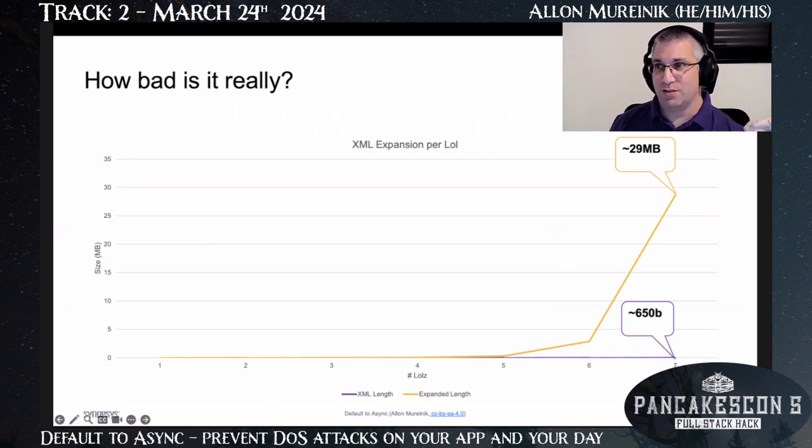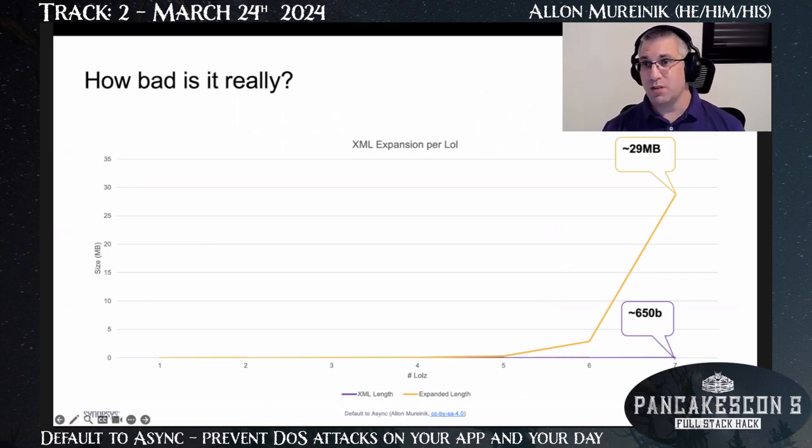In 7 levels, the payload itself is 650 bytes. It bombs up to 29 megs in memory. And it continues exponentially. I tried to put the 8th level on the graph here, and it just made everything else too small to notice. So I stopped at 7.